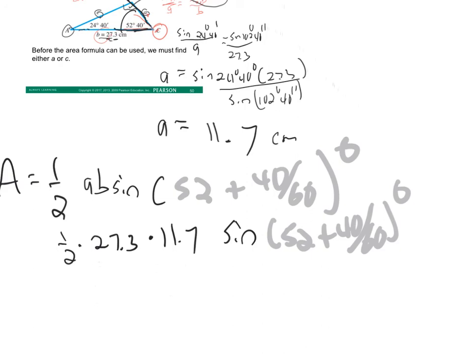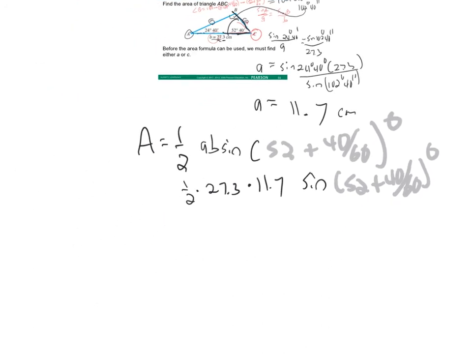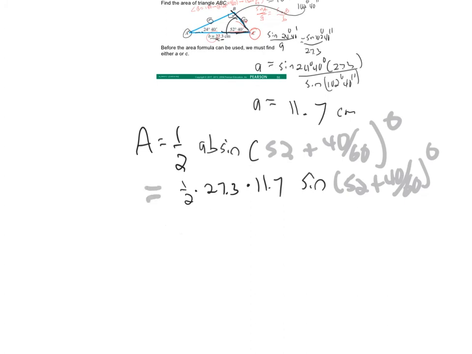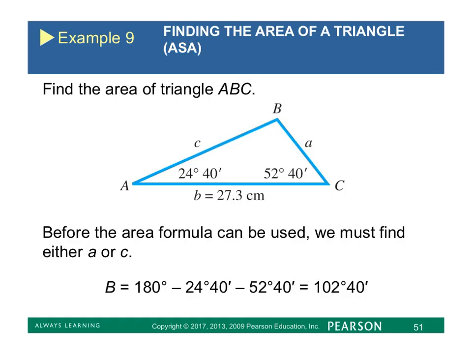Key that in your calculator. I get 107.735 centimeters squared. And I've keyed it in twice, and everything looks fine.